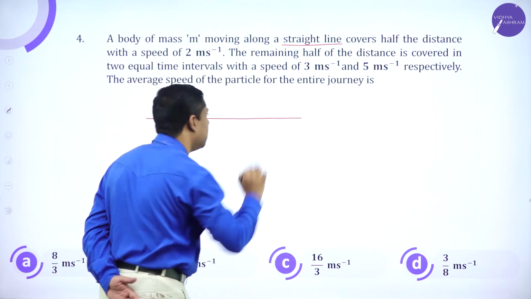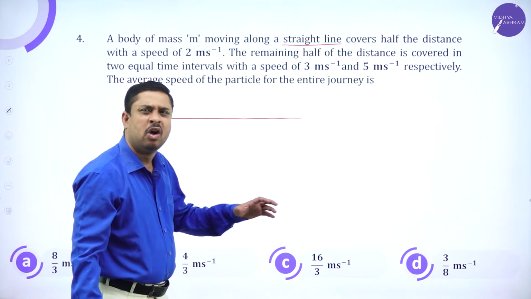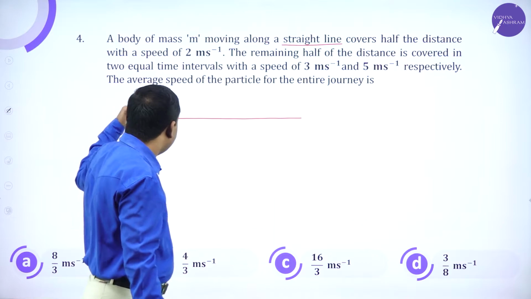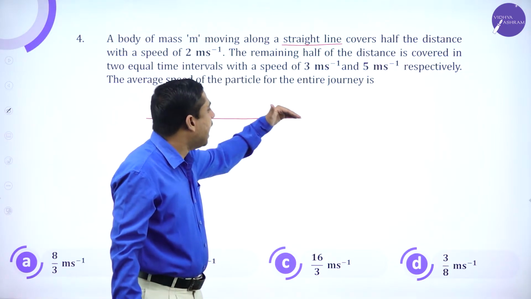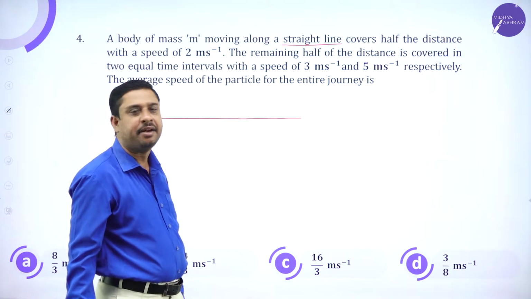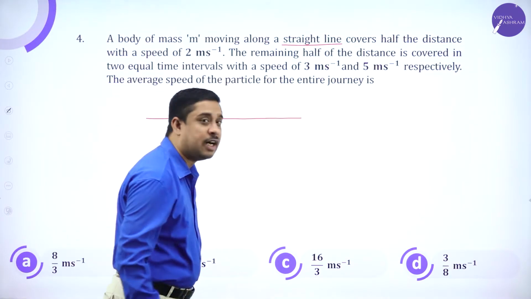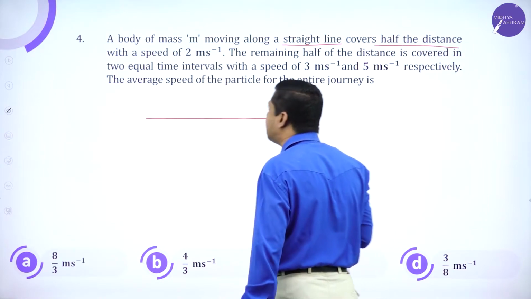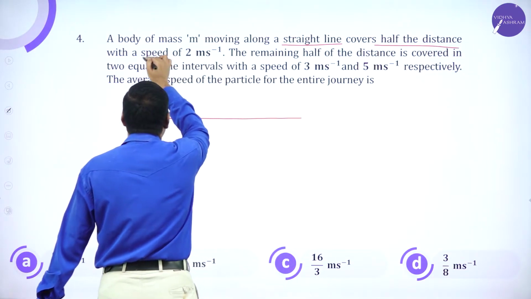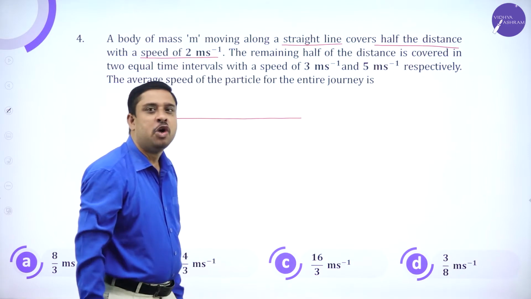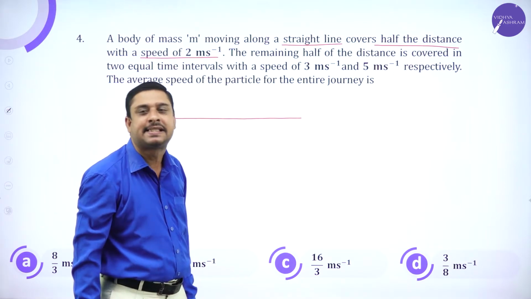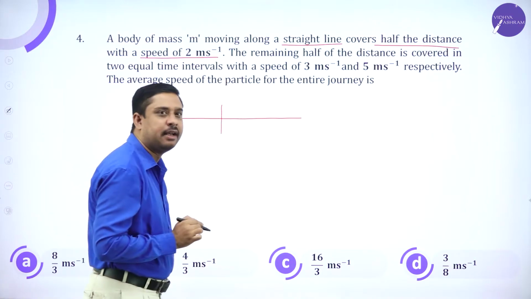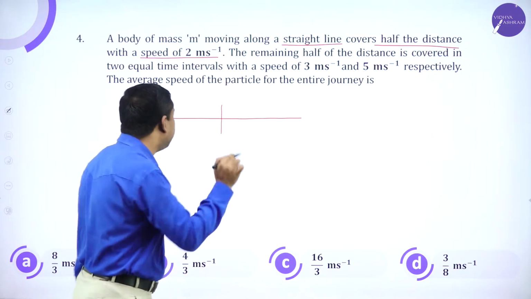So there is a body of some mass m which is moving along a straight line, covers half the distance with a speed of 2 meters per second. It is covering half of the distance.